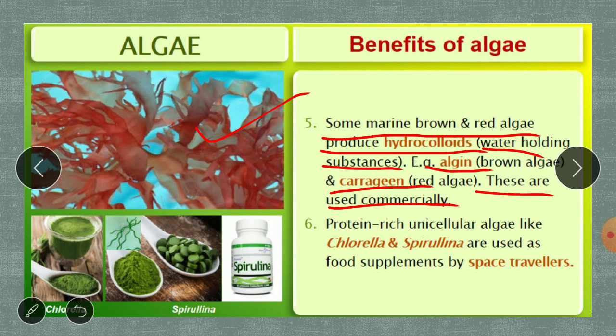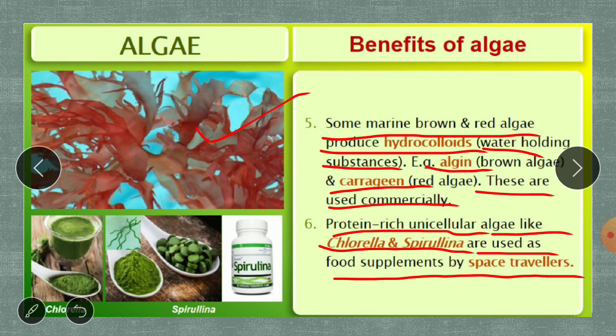Also, algae are protein-rich. Protein-rich unicellular algae like Chlorella and Spirulina are used as food supplements by space travelers.